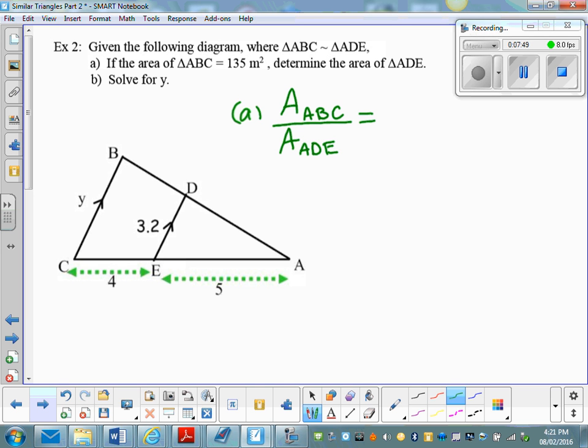And then I need to know corresponding sides that I know the length of. So I have the same situation here that I had going up the side in the last triangle. So in this one, I actually know the length of AE, and I know the length of AC.